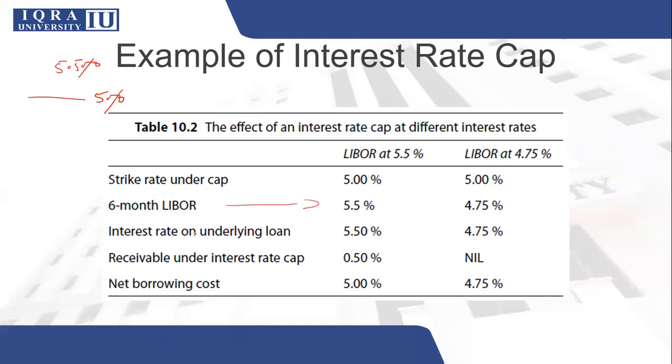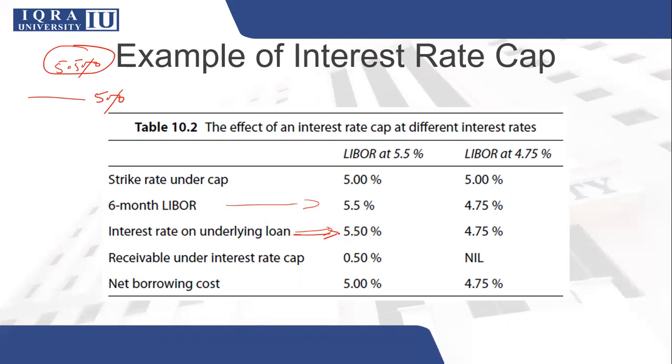The interest rate on the underlying loan that the treasurer needs to pay will also go to 5.5%. So the person from whom the treasurer has borrowed money, he will still have to pay the 5.5% rate to that person. But he has a cap.